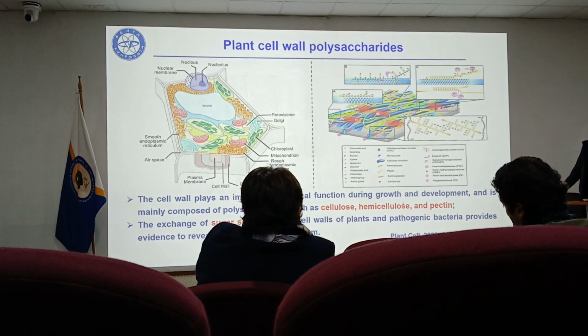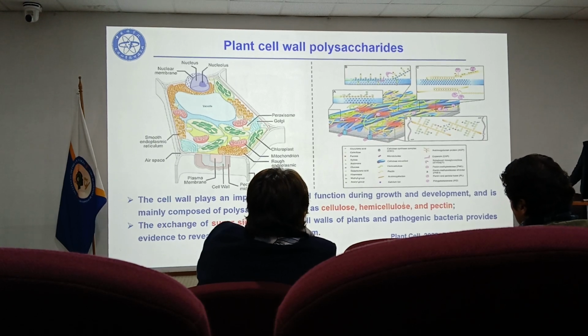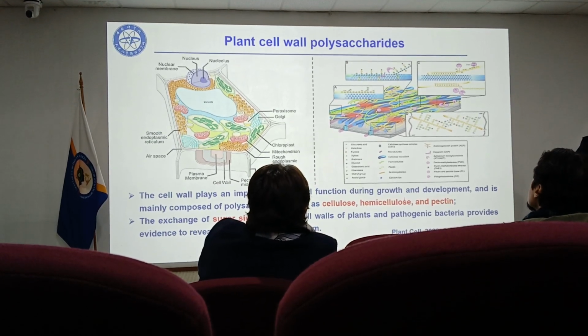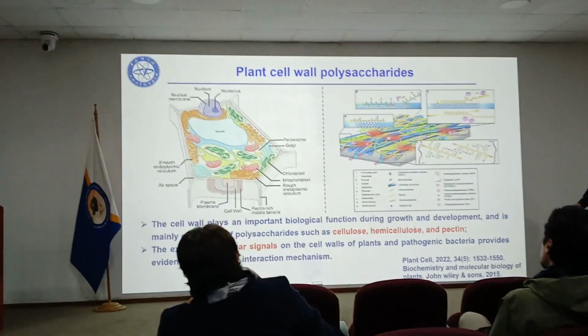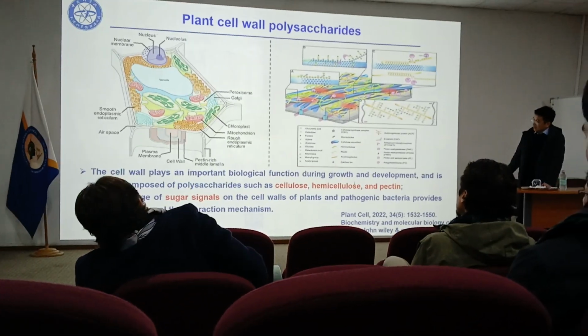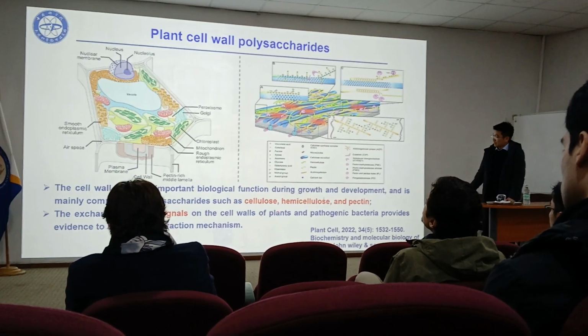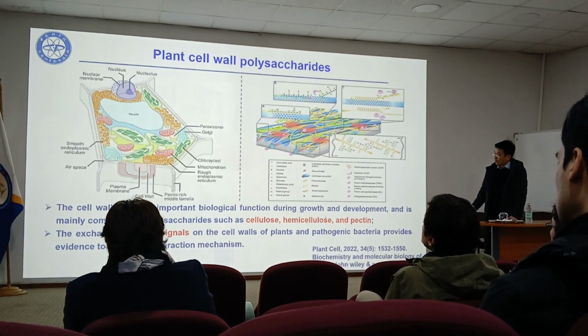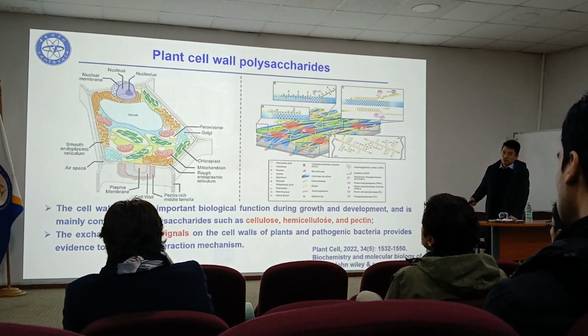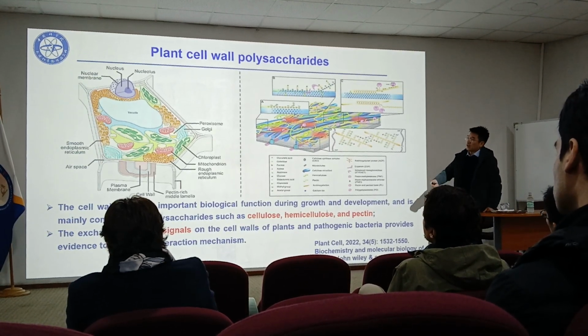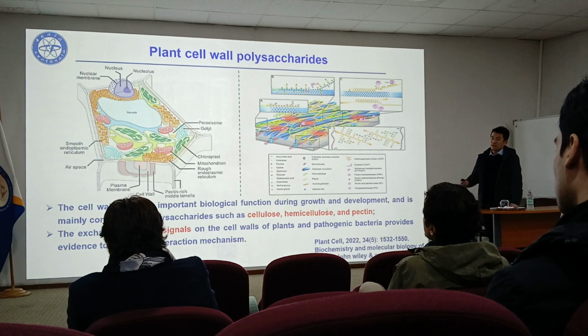The plant cell wall is also very important for growth, development, and resistance to fungi. And also the small hydrolysis products of the plant cell wall can be elicitors to promote plant immunity, which I will talk about the day after tomorrow, in the last lecture.